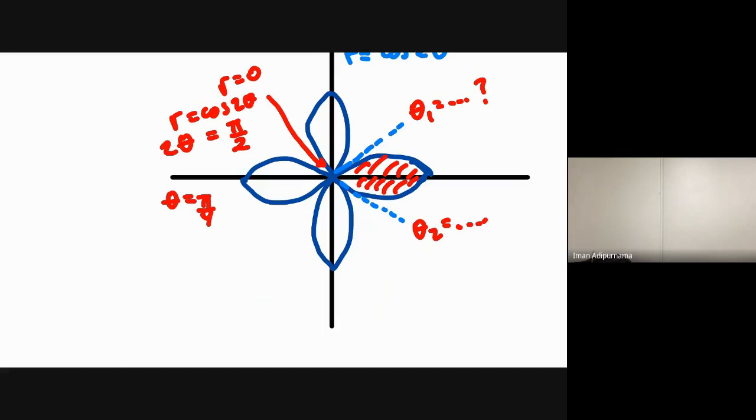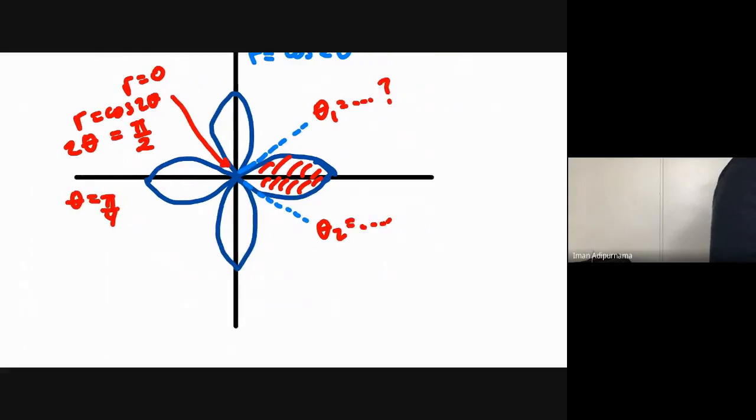And in the fourth quadrant, cosine will be positive, right? Just FYI. So this will be pi over 4, and this will be minus pi over 4. I hope you understand it.